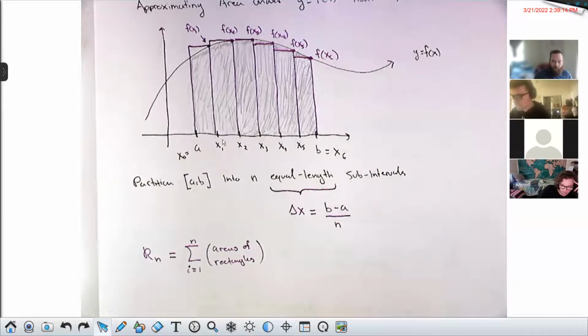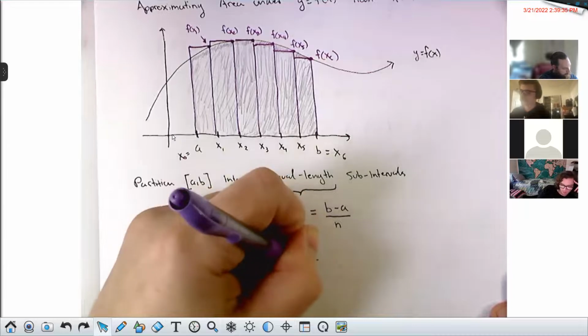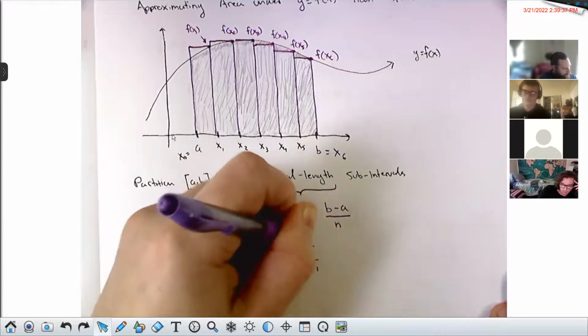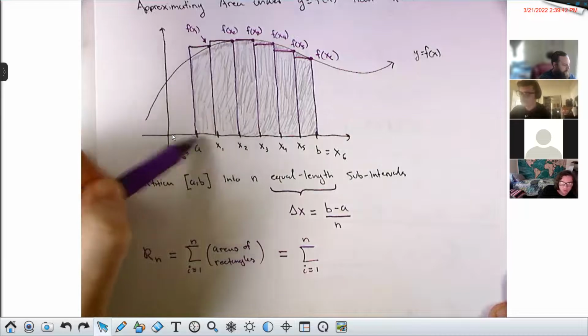Like here, n was 6, and we have 6 rectangles: 1, 2, 3, 4, 5, 6. The first rectangle has height f of x1. The second rectangle has height f of x2, and so on. So the area of that first rectangle is f of x1, the height, times delta x, the width.